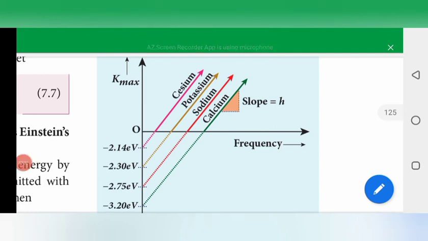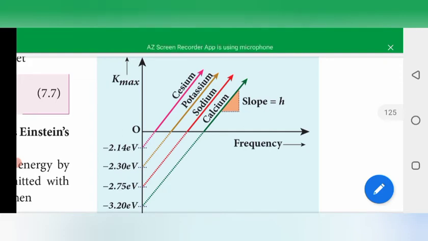This is also the graph between kinetic energy and frequency for different metals. The metals here are cesium, potassium, sodium and calcium. The work function is also given here. I already told you, and we also calculated in the introduction class, how to calculate the work function for all the metals, so you just go through it.